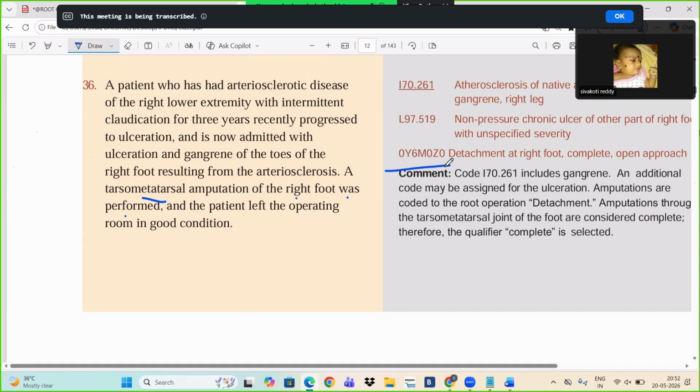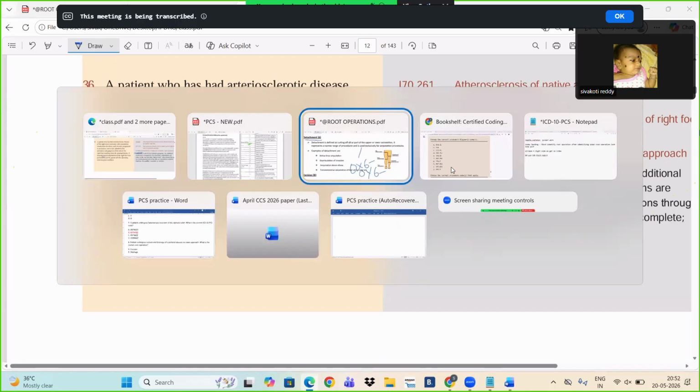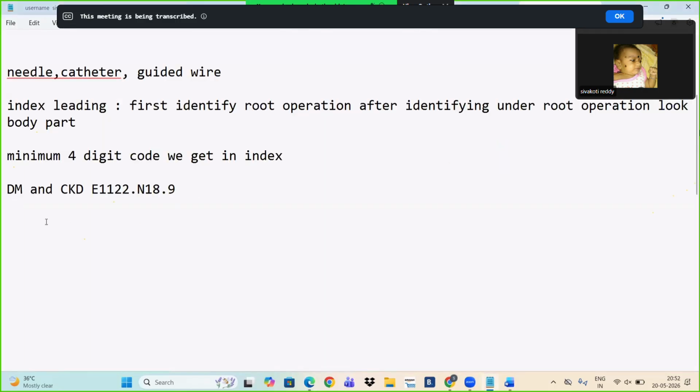Now can you identify one question? Left below knee amputation. This question you will get in the exam.